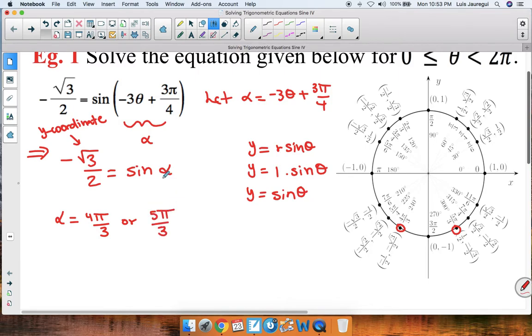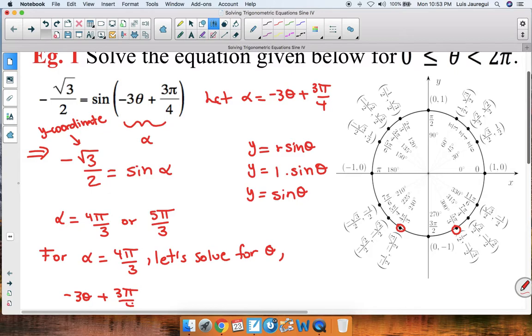Now, we're going to use that along with the previous substitution to solve for theta. So for alpha equals 4 pi over 3, let's solve for theta. So we get that negative 3 theta plus 3 pi over 4 is equal to 4 pi over 3, which is the right hand side over here.